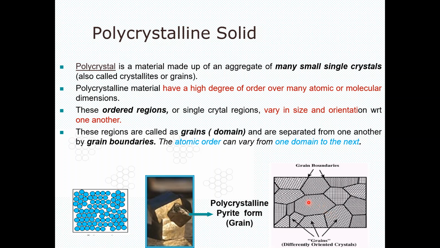These domains are basically many crystals within a big crystal. That's why we call it a polycrystalline solid. It means that inside one solid we have different crystal structures, so we call them polycrystalline materials.